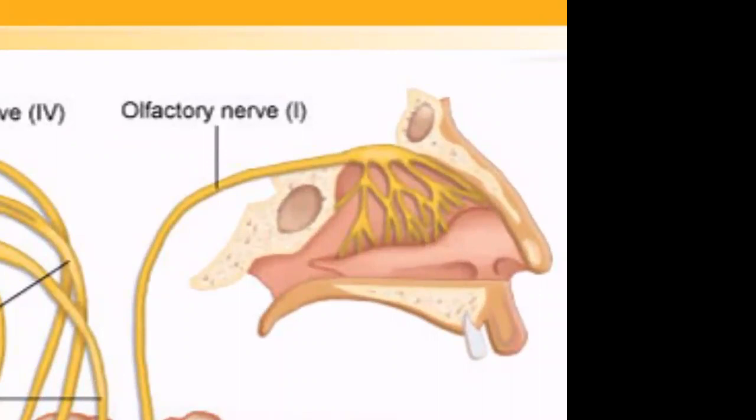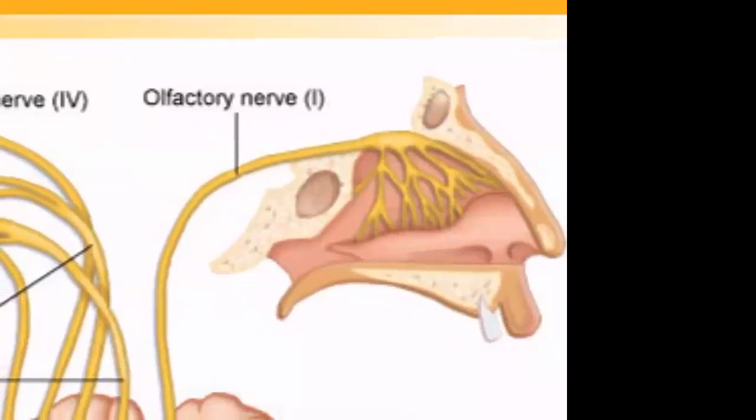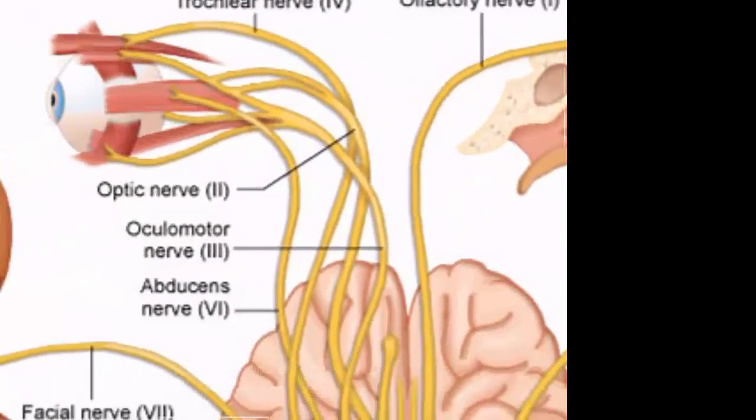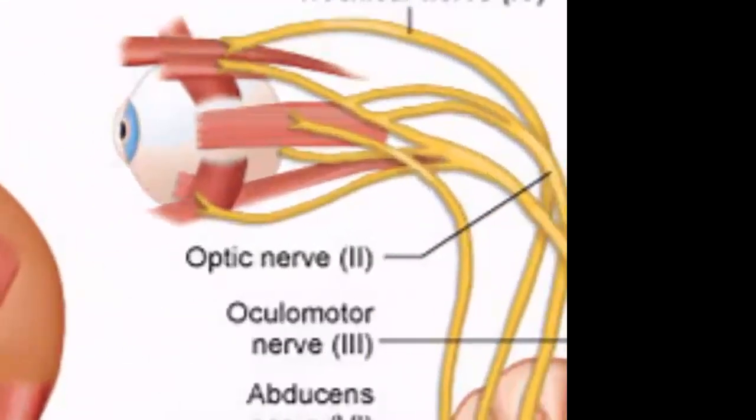And you can see how it's going to pick up information through the crista galli, the perforations in the sphenoid bone, for picking up odor. So this is a sensory nerve, the olfactory nerve. Cranial nerve 2, here we are, is the optic nerve. This is one of the ones that you definitely want to remember.